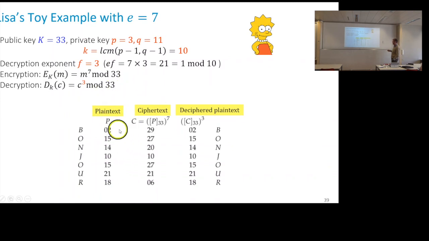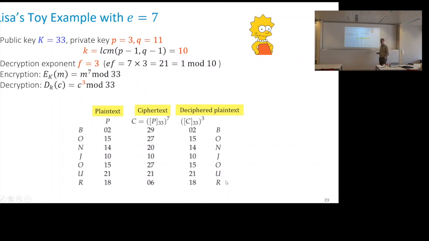I take this to the power 7, so 2 to the power 7 gives something that modulo 33 gives 29, etc. We find all the remainders here, and that's the ciphertext. To decipher, I do this to the power 3, and modulo 33, that will give me exactly those numbers. If I go back from the numbers to the text, this is how we do it.